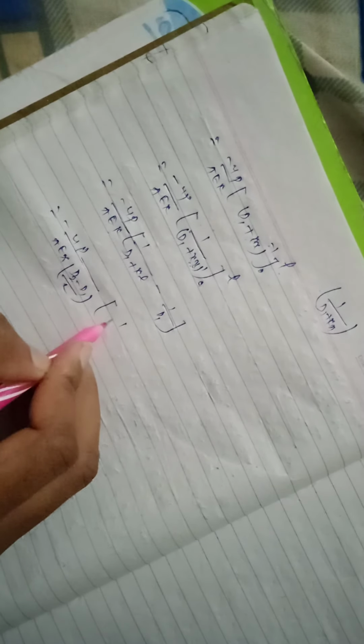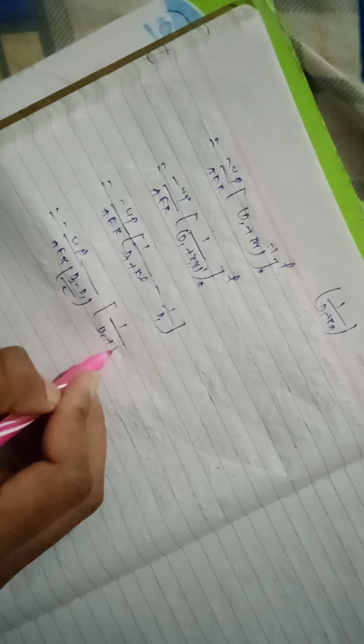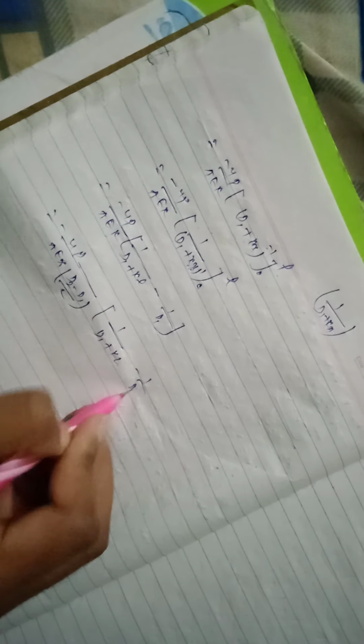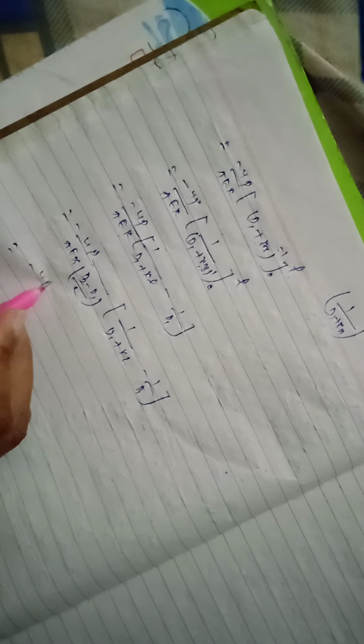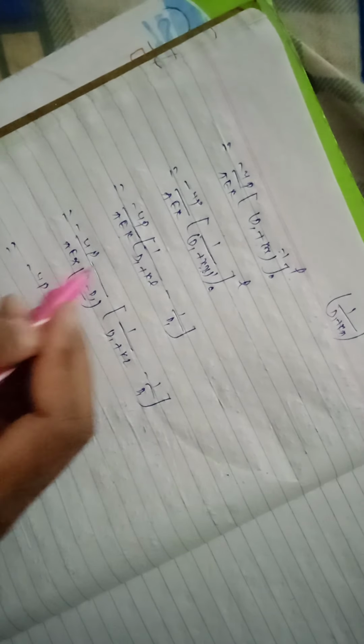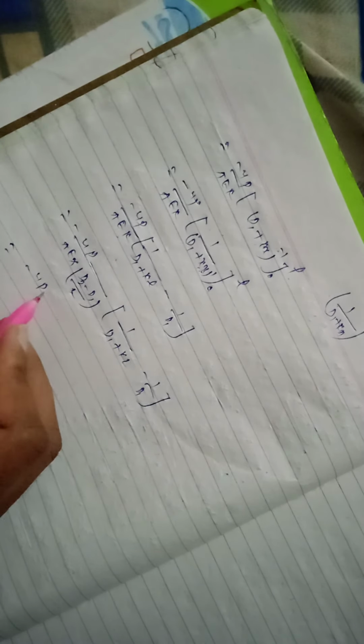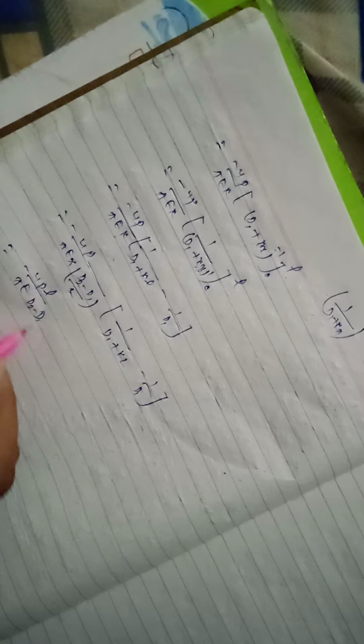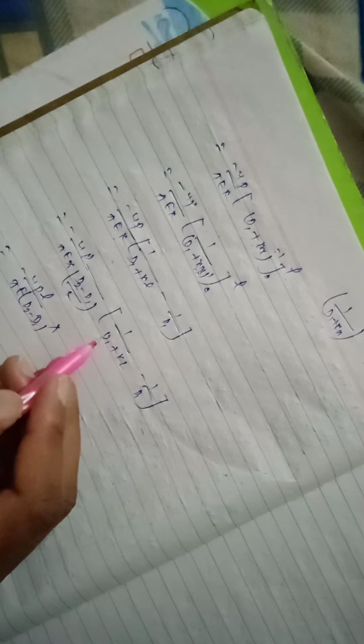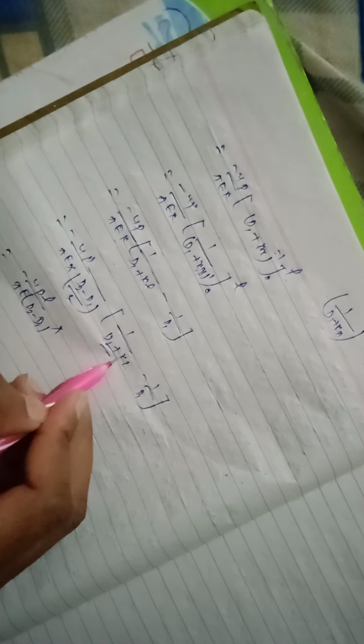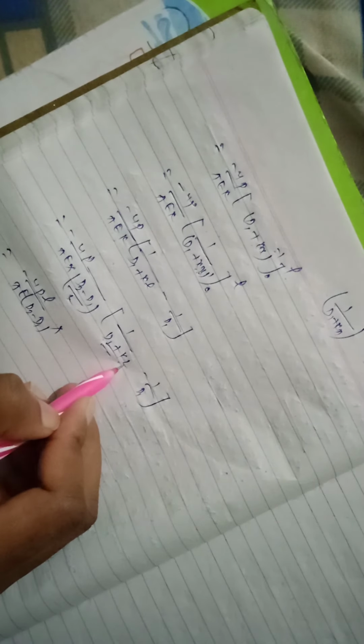And 1 upon d1 plus kL minus 1 by d1. Minus 4, this L goes to the upper part, so 4pL upon pi e d2 minus d1, and instead of this d1 plus kL, because this portion is L, we write 1 by d2 minus 1 upon d1.